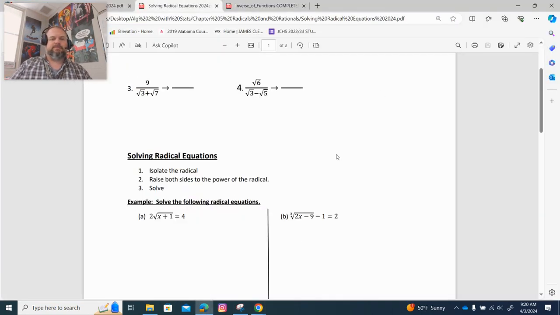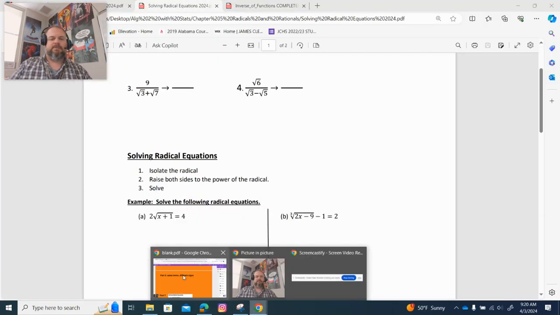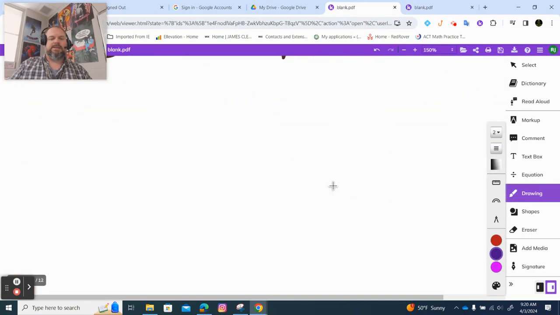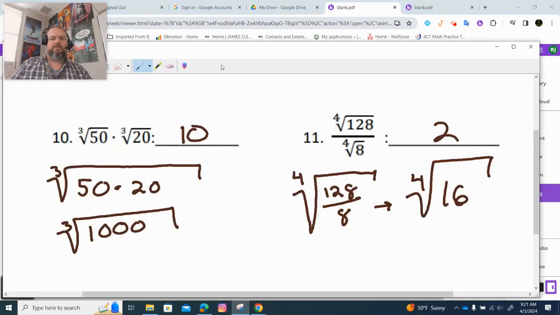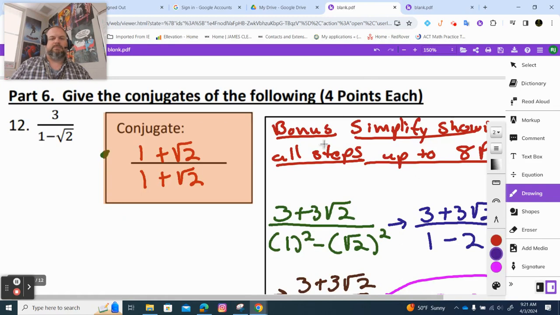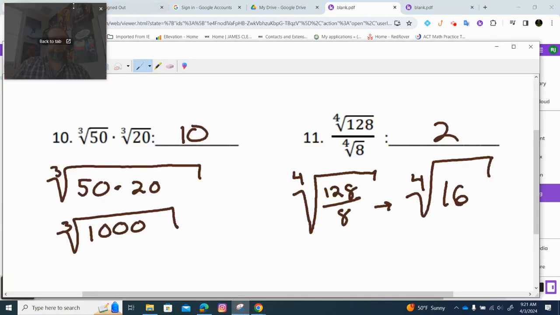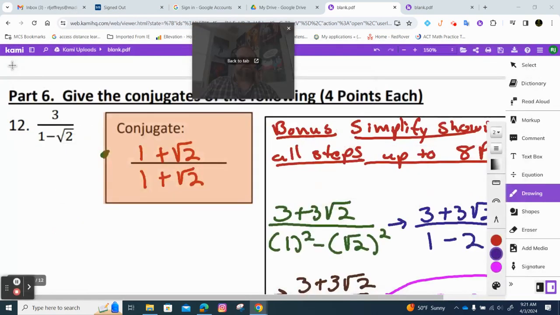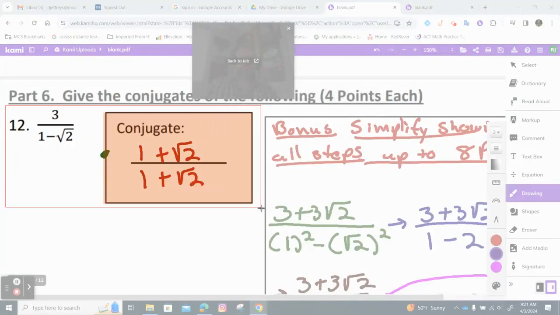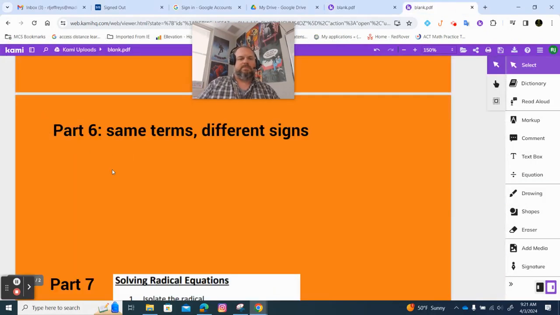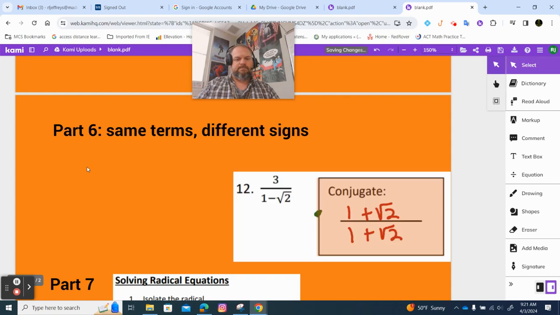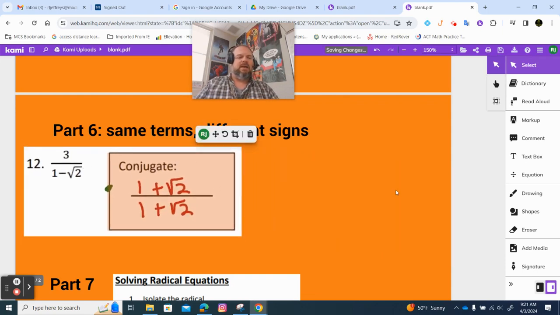Whoops, wrong thing. Whoops, wrong thing again. Too many tabs. It's like my brain. Oh my gosh. What is happening? There we go. All right.